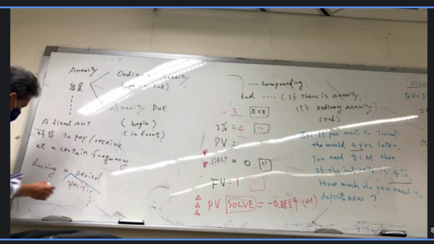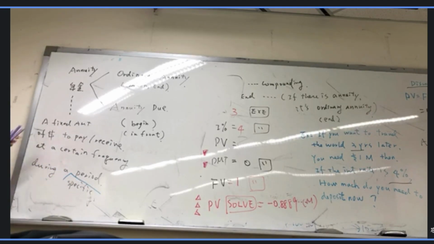Say per year, but for 10 years. Say per month within 1 year. But the money is fixed.